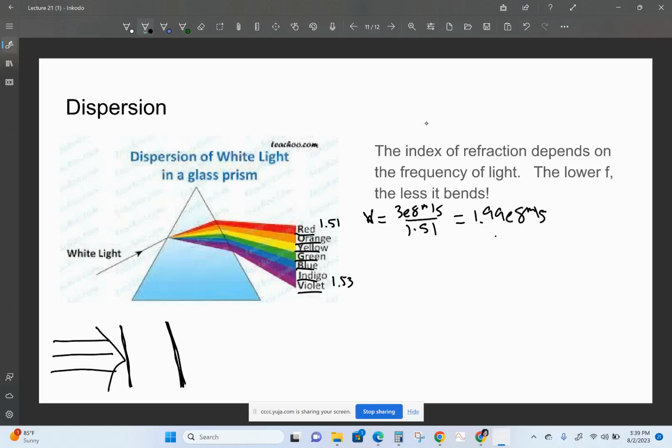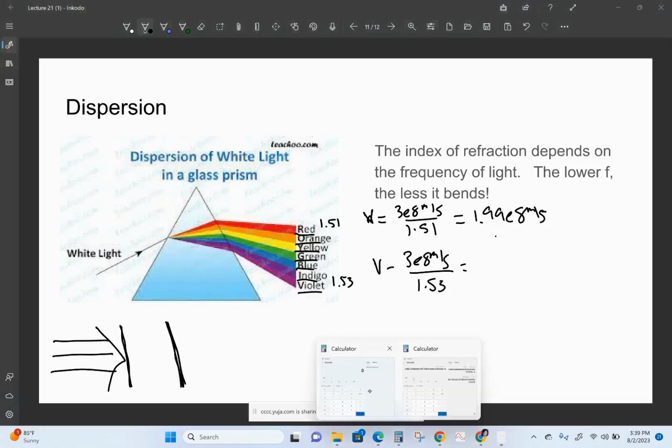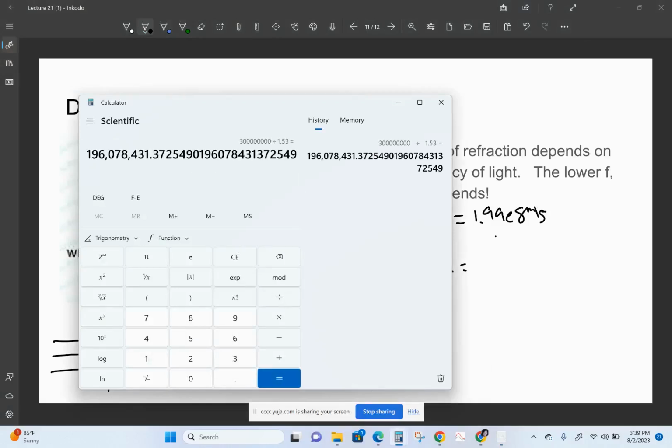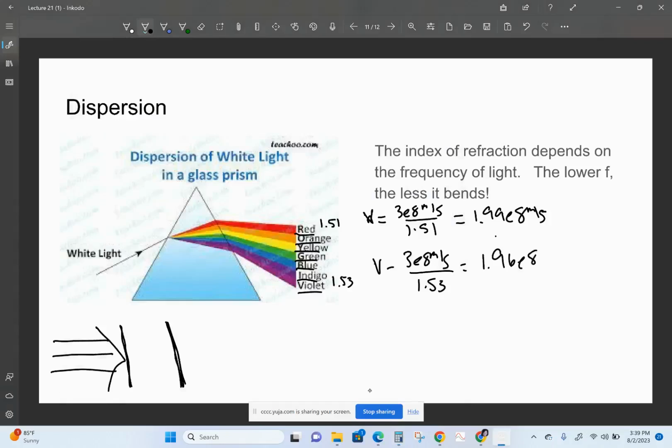And this is the speed of light. The speed of light for violet light would be 3e8 meters per second divided by 1.53. So notice that the speed is going to be slightly different. 3e8 divided by 1.53 is going to be 1.96e8 meters per second.